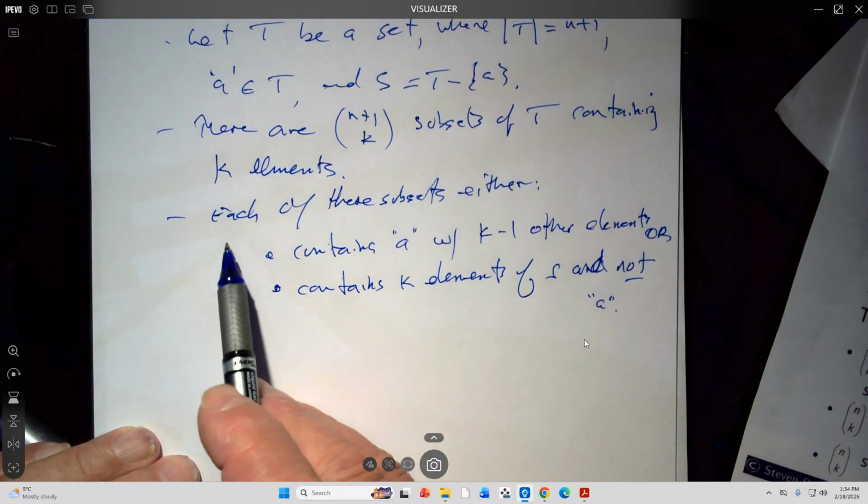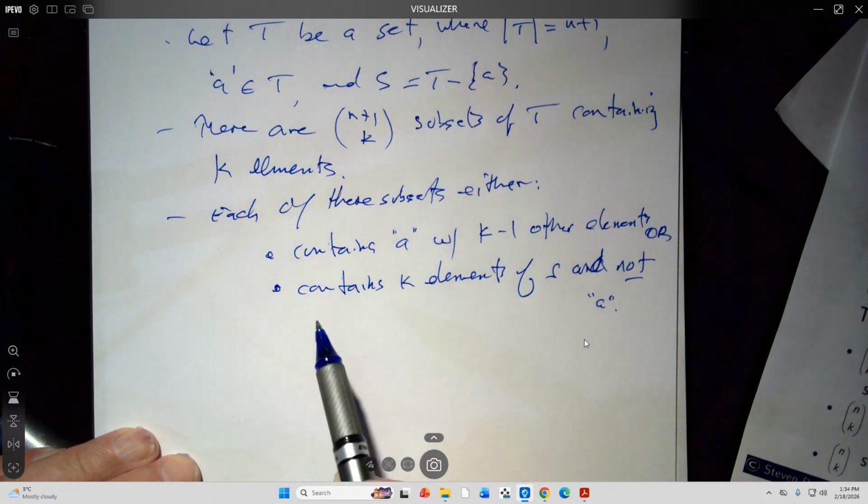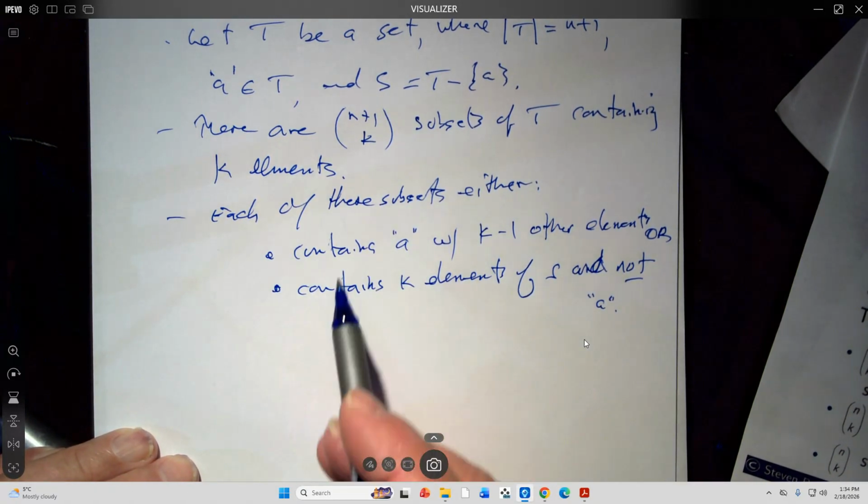That's obvious. Each of these subsets either contains A with k minus 1 other elements, or it contains k elements of S without A. I mean, that's obvious by construction.